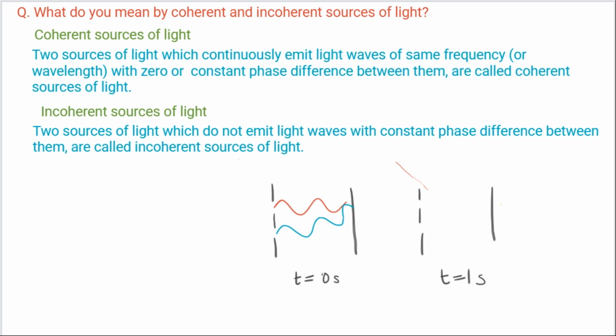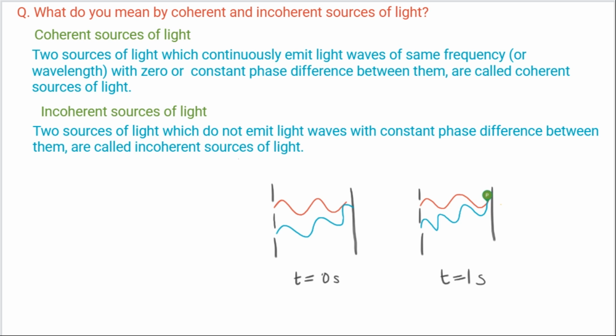Now when you note what happens in such cases, the light coming from here has, let us say, two wavelengths, but this time the light coming from slit S1 has three wavelengths.